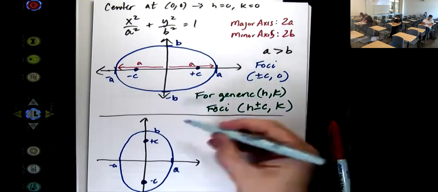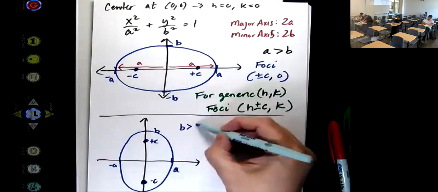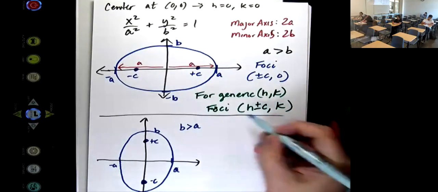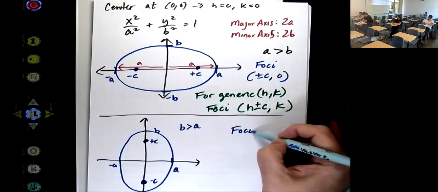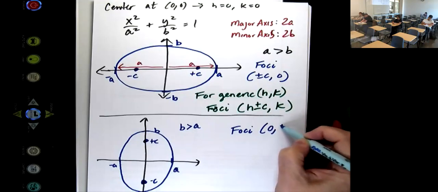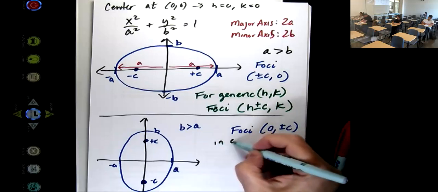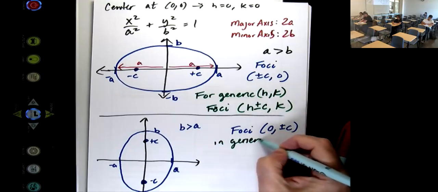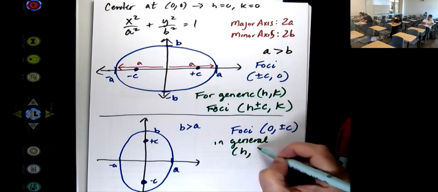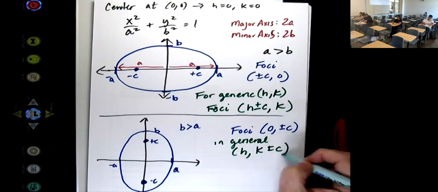Still the same equation here, B is clearly bigger than A. And the foci are now at 0, plus or minus C. Or in general, h, k plus or minus c.